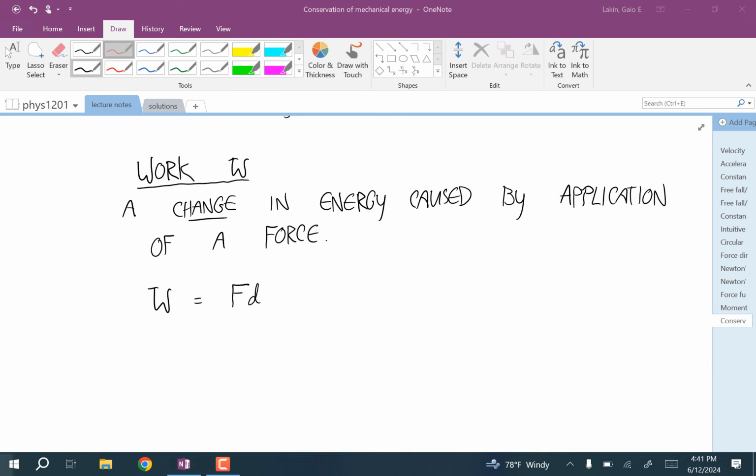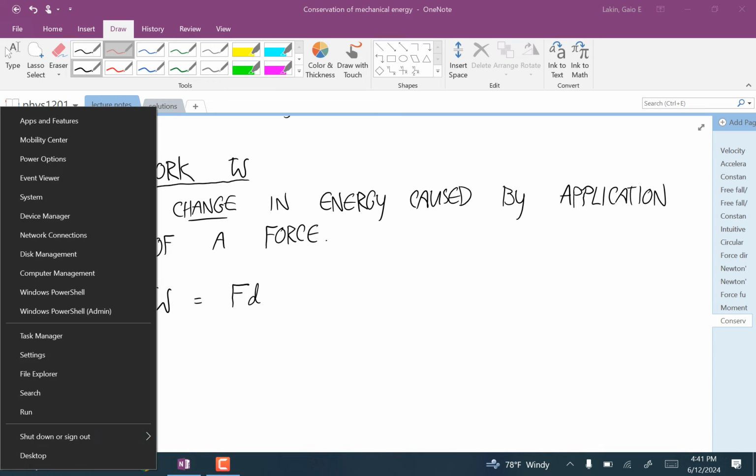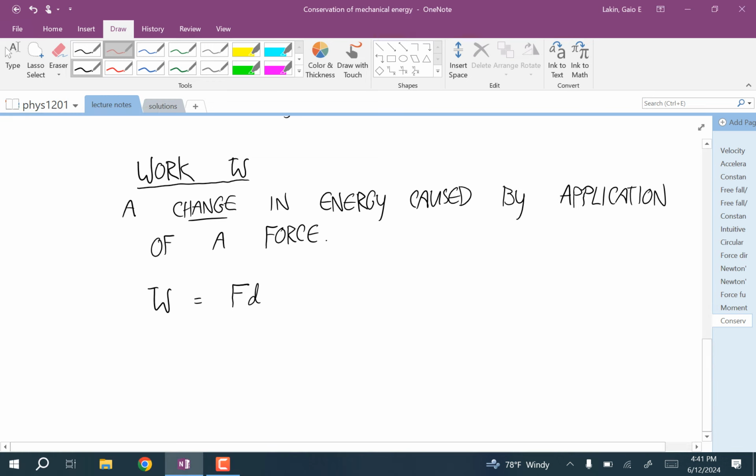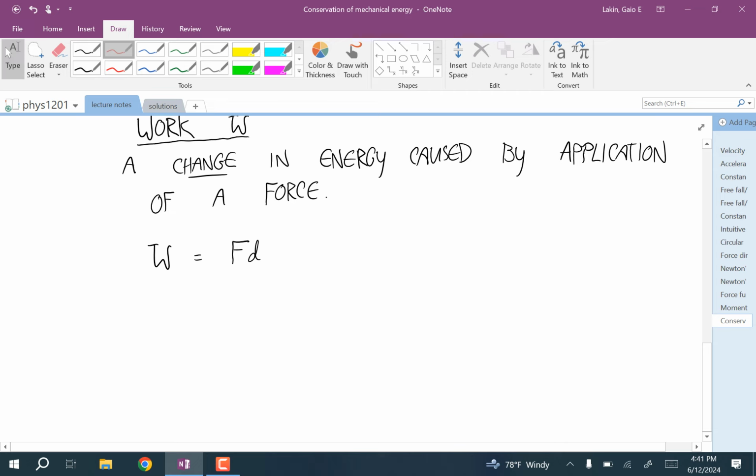Okay, and notice that both of these can be positive or negative, and you include that positive and negative in your calculation. Okay, so let me label these. This is the displacement of an object. This is the force on an object.